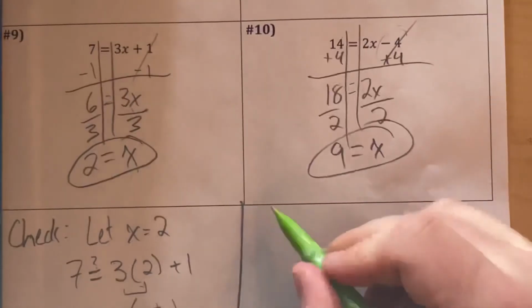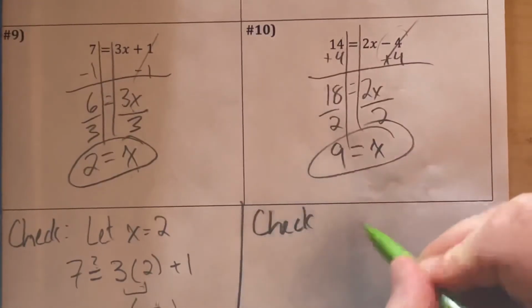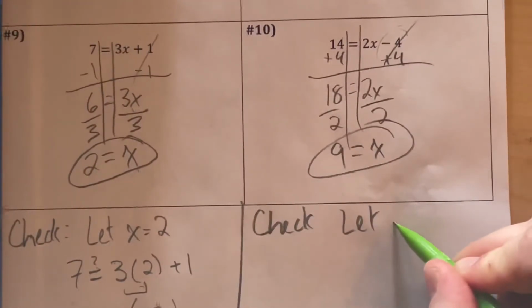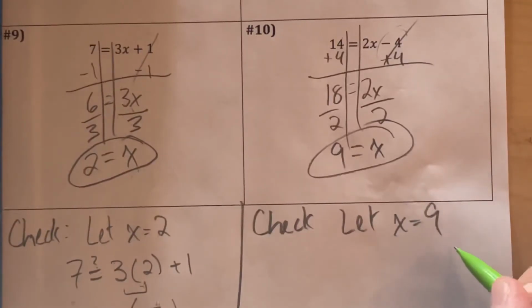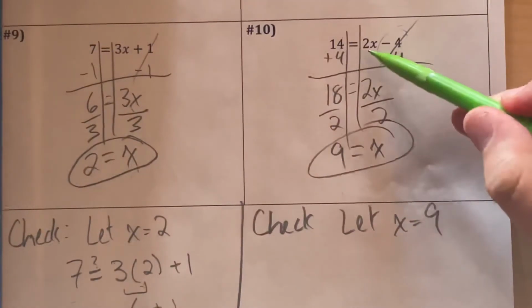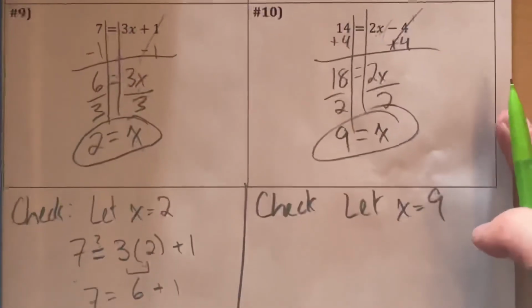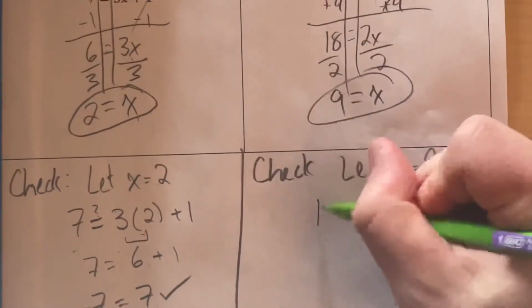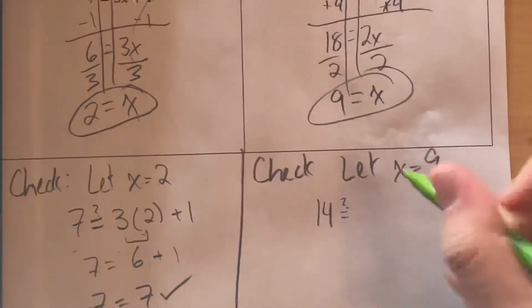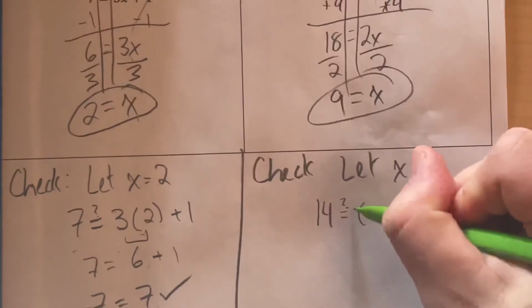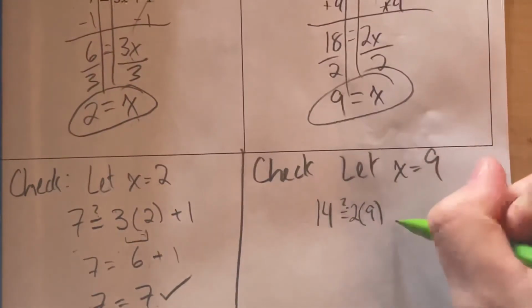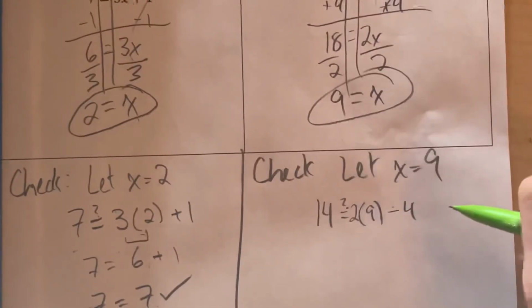Again, do that check step for yourself. So I let x equal 9. Plug it back into your original equation. So I'm asking, is 14 equal to 2 times 9 minus 4?